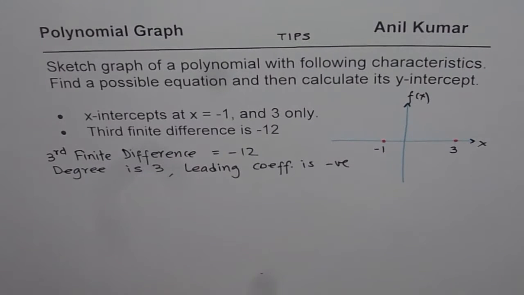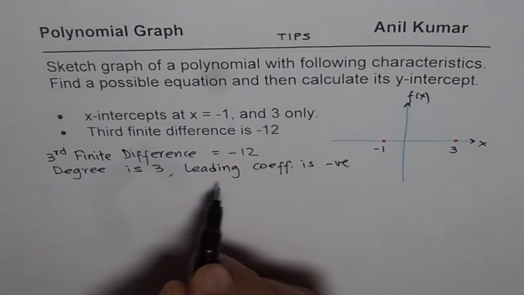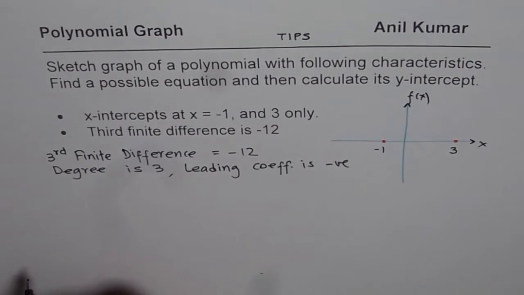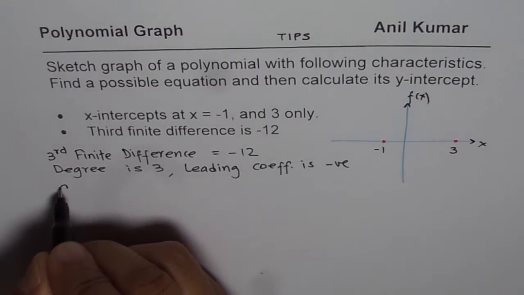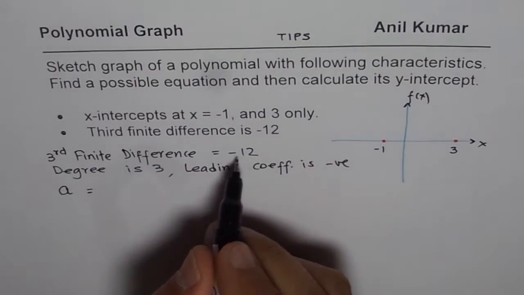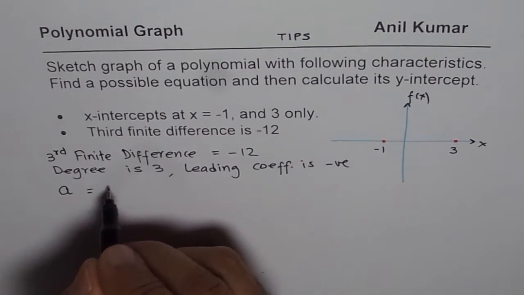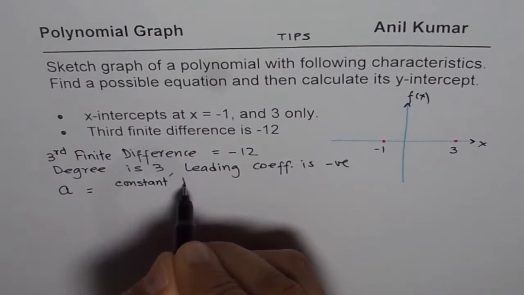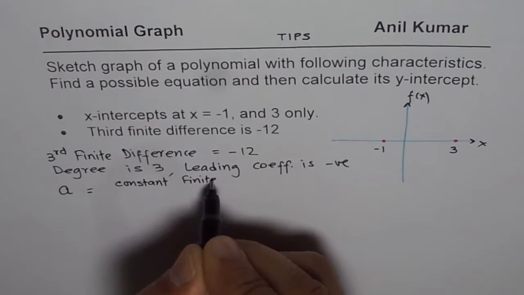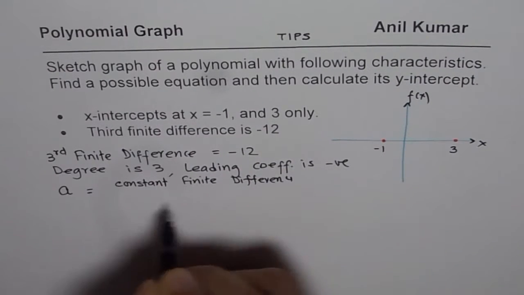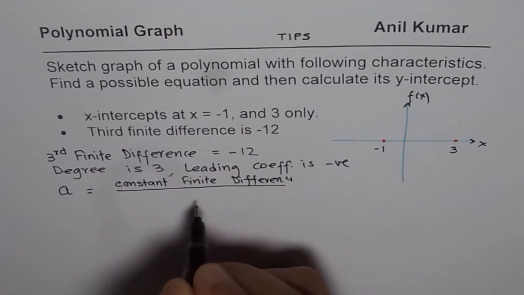Now some of you can also find the value of the leading coefficient. Can you tell me what is the value of the leading coefficient? Now the leading coefficient, let's say a in this case, is equal to the constant finite difference divided by n factorial.